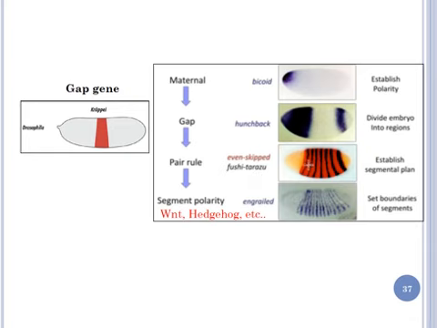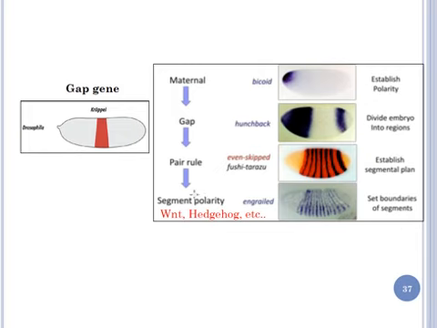It's a pair rule gene as well. You see that even-skipped in red and fushi tarazu in black are expressed in every other segment. We don't have overlap between even-skipped and fushi tarazu. They are expressed in every other segment to determine the segmental plan.